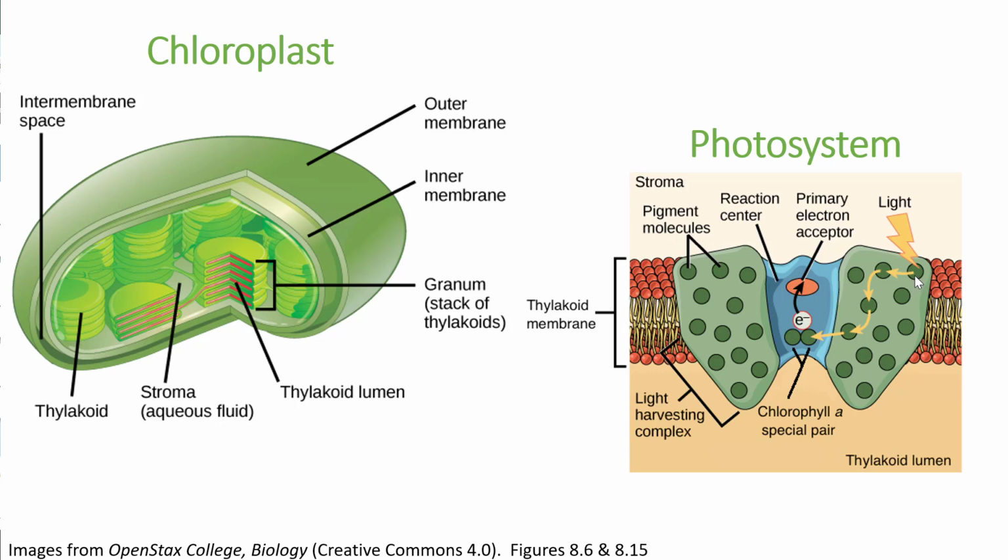We're going to be looking at these little green dots that are embedded in this thylakoid membrane in something called the light harvesting complex, or sometimes called the antenna complex. The light harvesting complex is just a bunch of these green circles, which are pigments, which I'll talk about in just a minute, and include things like chlorophyll and carotenoids.